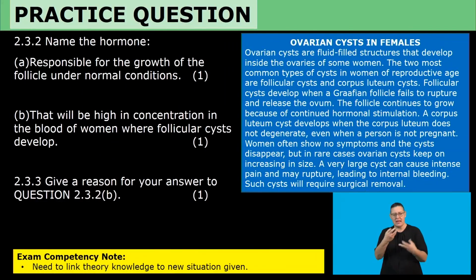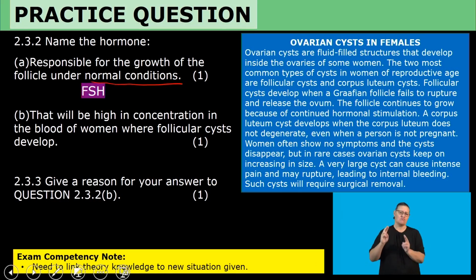232, name the hormone A responsible for the growth of follicle under normal conditions. For 1 mark only. And that is FSH. We know. Under normal circumstances, FSH secreted by the pituitary gland will be secreted and the follicles can grow.